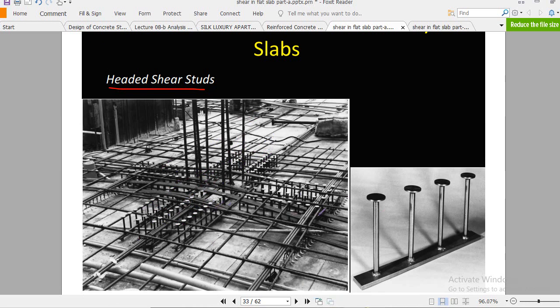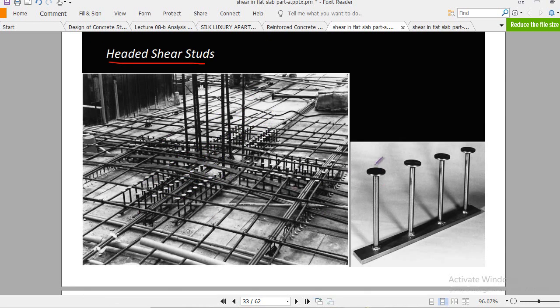Remember there are some ACI criteria that this stud head is very important, and due to this head, the effectiveness of the shear stud is more as compared to stirrups. Why? Because this kind of head produces a confinement action over the slab.